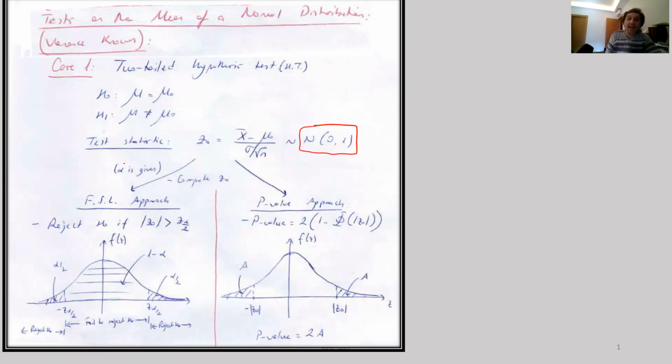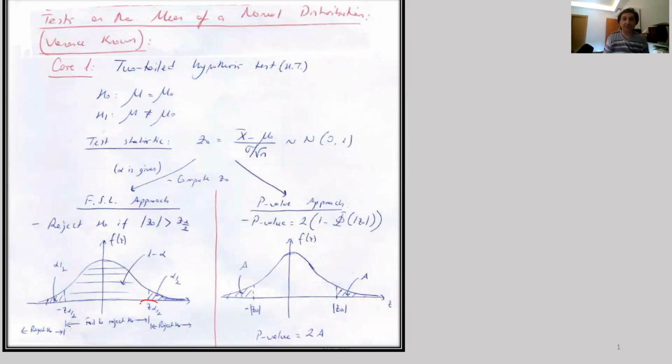Now, when and if the alpha value, the significance level, is given, then we use the fixed significance level approach, and we use alpha to compute the z alpha or z alpha over 2 value. And what does z alpha over 2 correspond to?